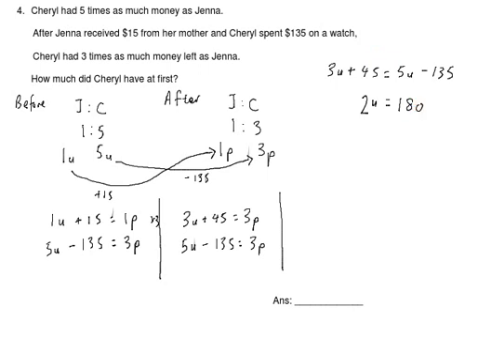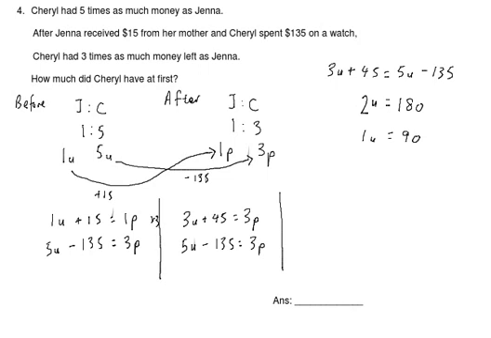180. Is that okay? You can do the other way, but then you will get negative, which I don't want. We try not to do negative. It gets confusing. So 1 unit equals to 90. So what is the question asking for? How much did Cheryl have at first? Cheryl has how many units at first?